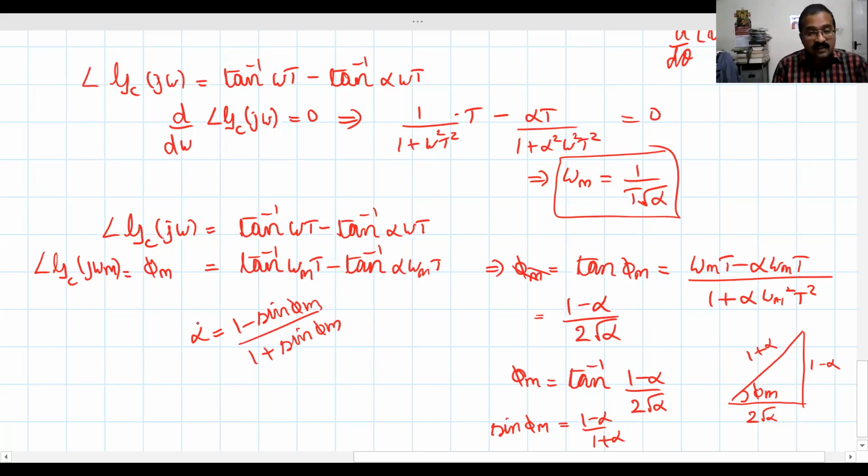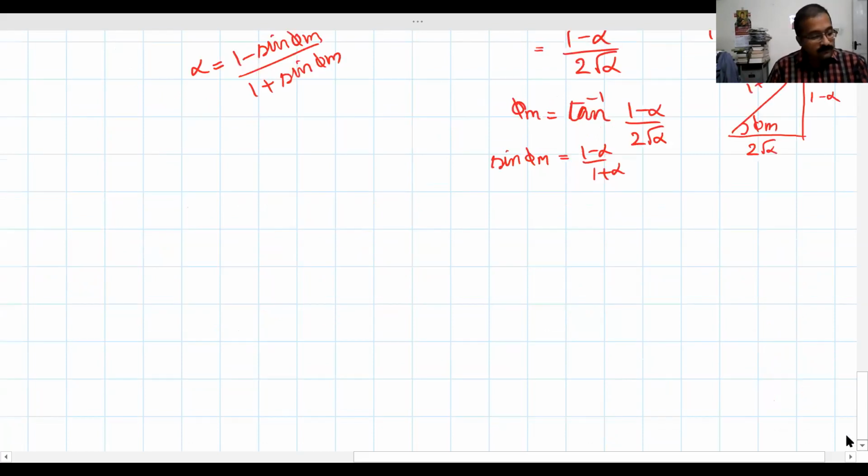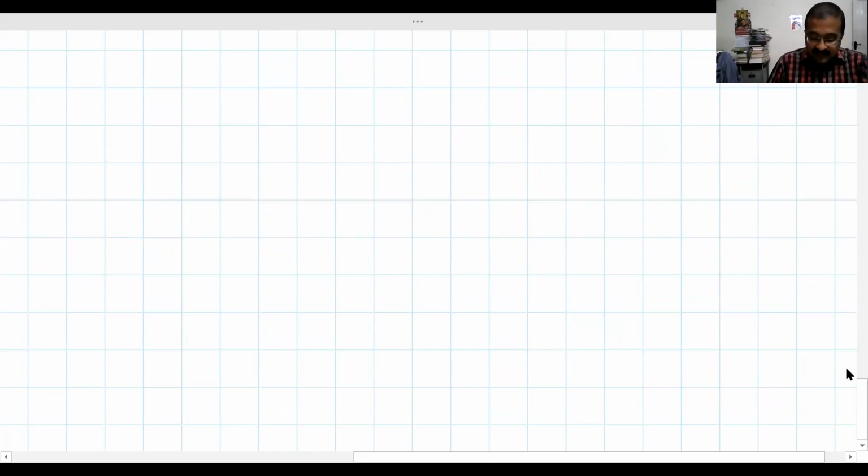Let us see what the design steps involved are. Lag compensator design steps.